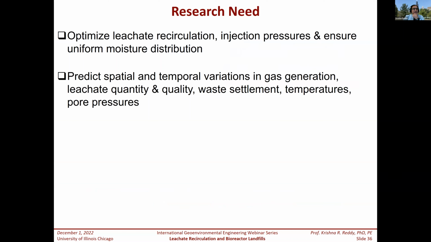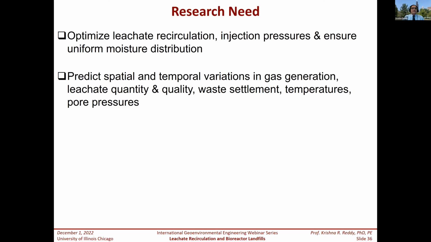Okay, but we have a lot of researchers in the audience, and this is a topic that needs a lot of research. Now, some of the research needs are: how do we optimize the leachate recirculation, injection pressures, and ultimately achieve the uniform required moisture distribution in the waste?